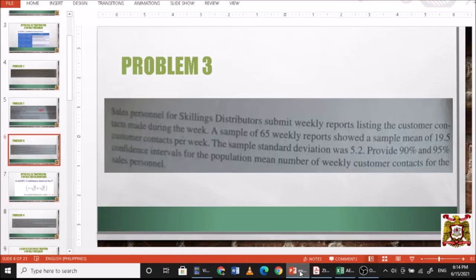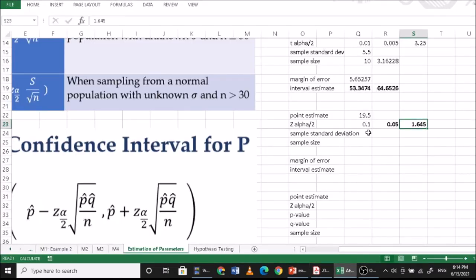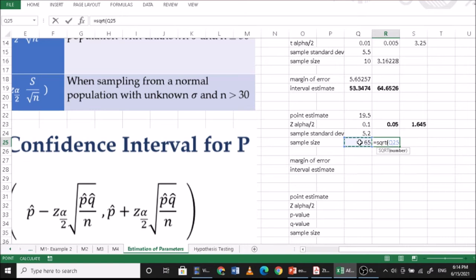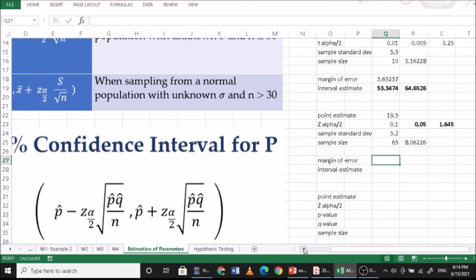The sample standard deviation is 5.2, and the sample size is 65. Then for the margin of error, that's z alpha over 2 times s divided by the square root of n.